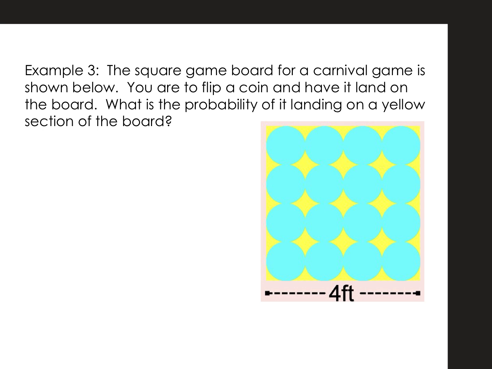And I'd like you to figure out that in the big picture, it's what you want over what's possible. But it's not as simple as I'm going to take all the circles and divide by the square. It's not necessarily that. Sometimes the bottom is easy to figure out. Sometimes the top's easy to figure out.